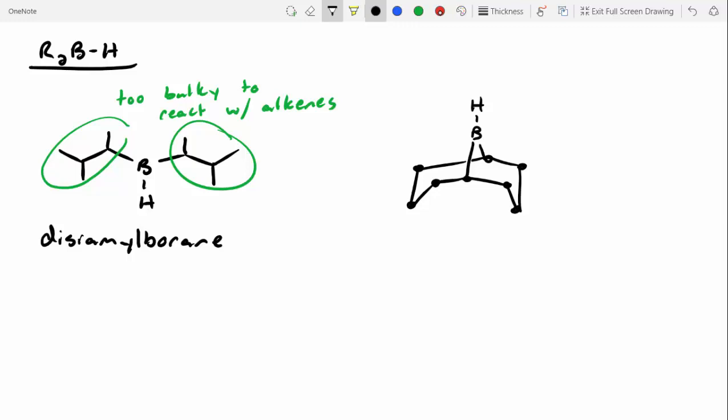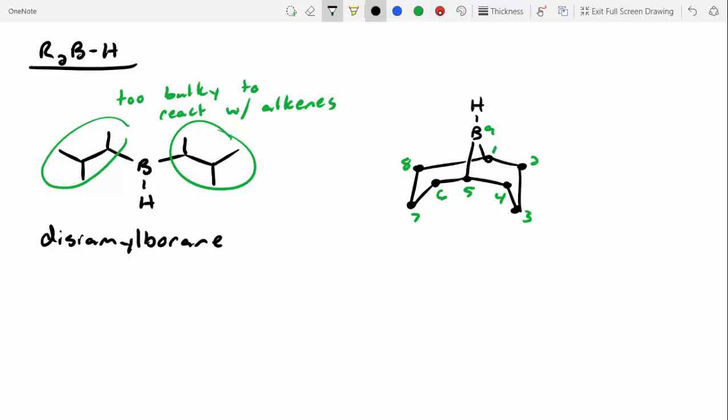Let's try to name this using our bicyclic naming system. What's our longest bridge? Not quite. We don't count the bridge head. 3. So if we go through and number it, we could say, all right, we can go through either way, and we could say 3, 4, 5, go around even more. We'd say 6, 7, 8, 9.